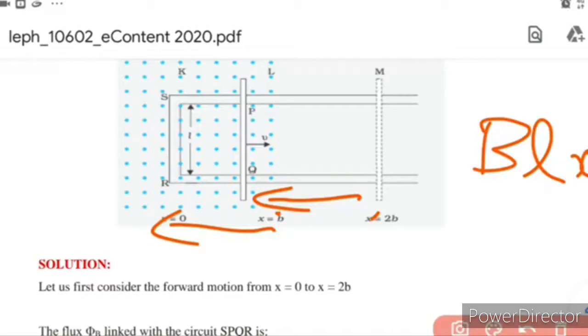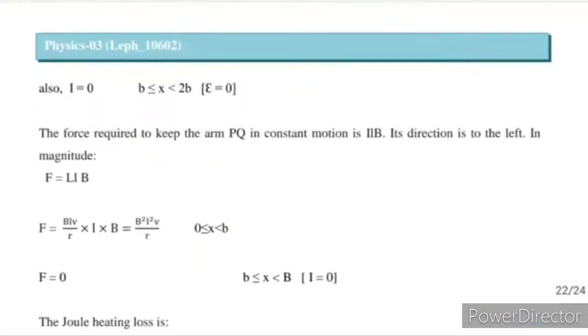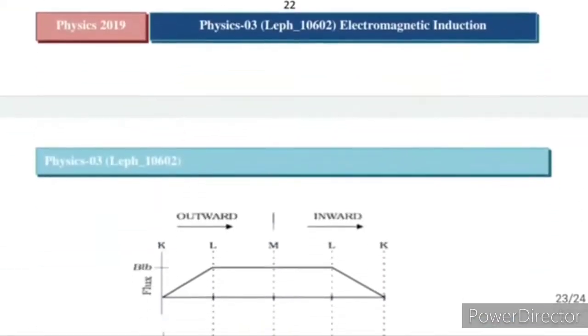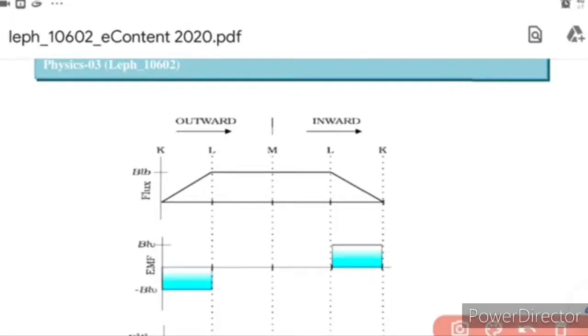Okay, so when we consider all these things and draw the graph for the flux, we will get the graph like this. That is the first graph. On the x-axis we have x equal to 0, so these vertical lines show this particular point, it is 0, that is the origin, and this is b, and this is 2b, and the next point stands for the backward motion, that is this is b and this is 0.